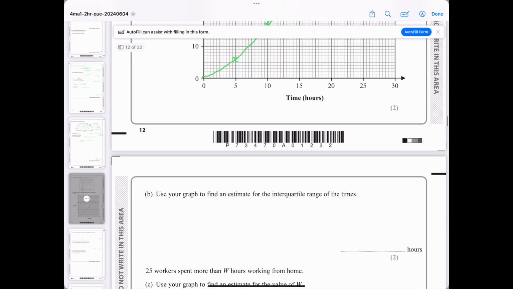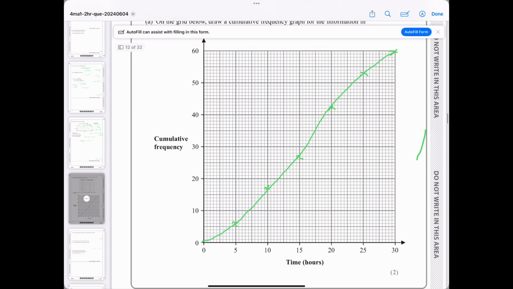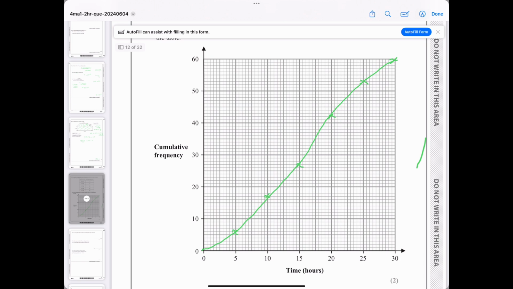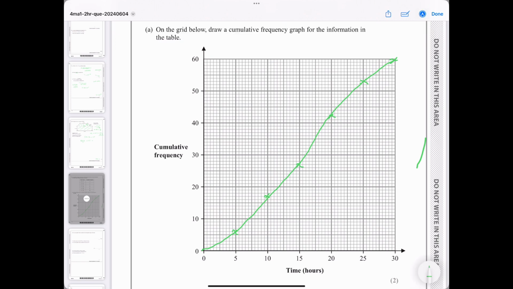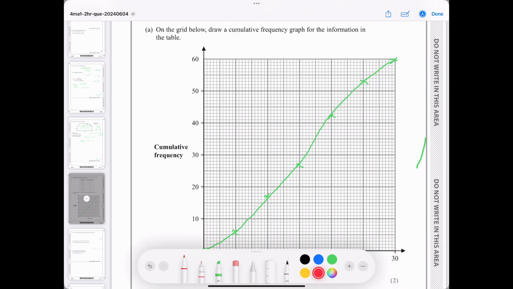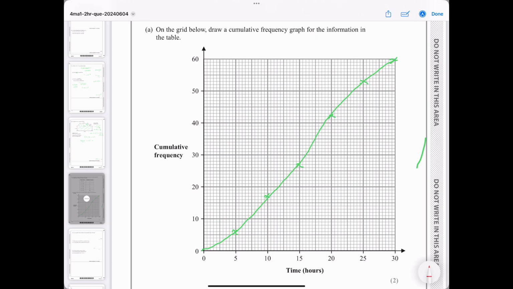Use your graph to estimate the interquartile range of the times. So, what is a quarter of 60? Quarter of 60 is 15. And 3/4 of 60 is 45. That's 3 times the quarter. So if we go down here and we go there, I think that's 8.